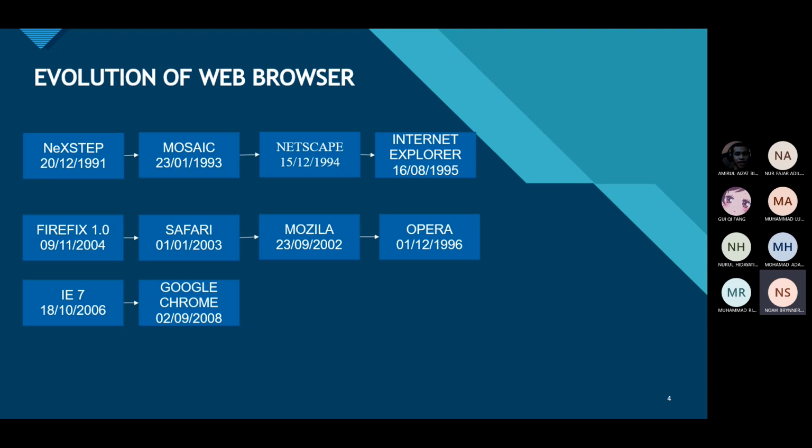And then one of the lead developers from Mosaic decided to go independent and create Netscape. Netscape at the time was the most popular web browser, because while Mosaic was the instrument to introduce the web browser, Netscape gave the convenience and more features than Mosaic.